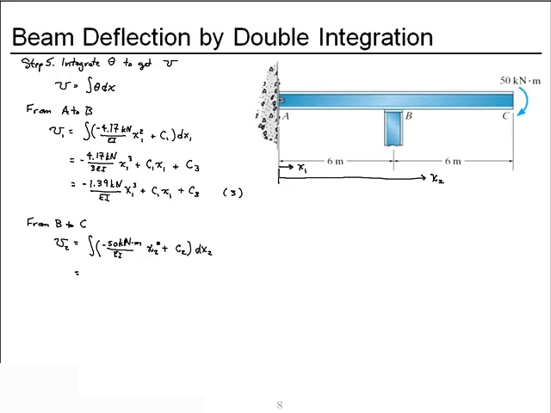So we'll raise this to the second power and divide by 2, times x2 squared. We'll multiply that by x2, and we need a new constant of integration, c4. We'll simplify the first term, minus 25 kilonewton meter over EI x2 squared plus c2 x2 plus c4, and we'll call this equation 4.